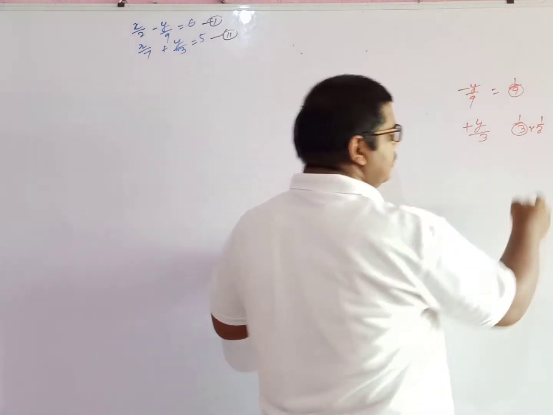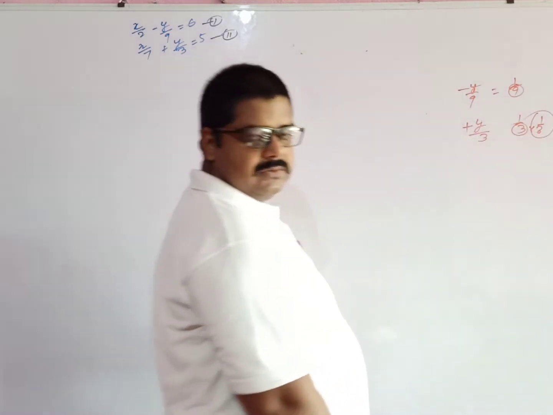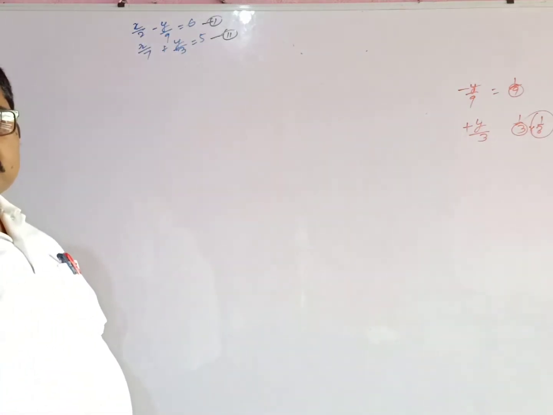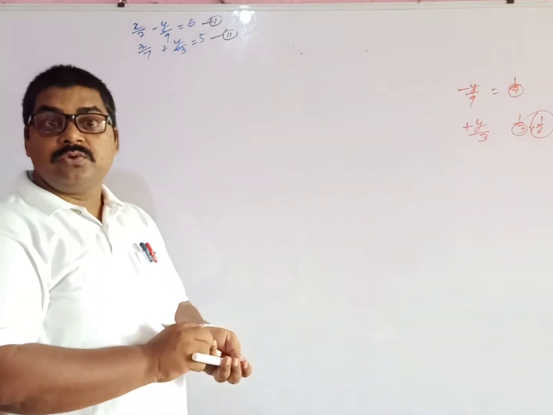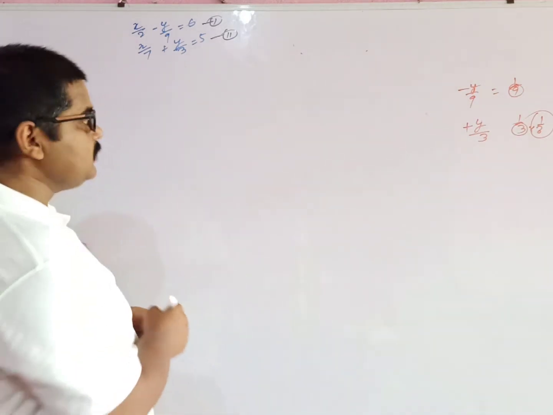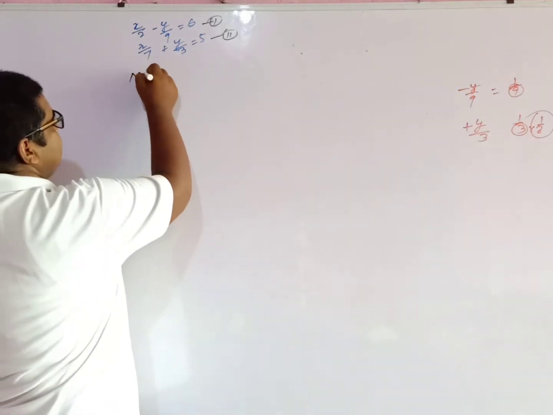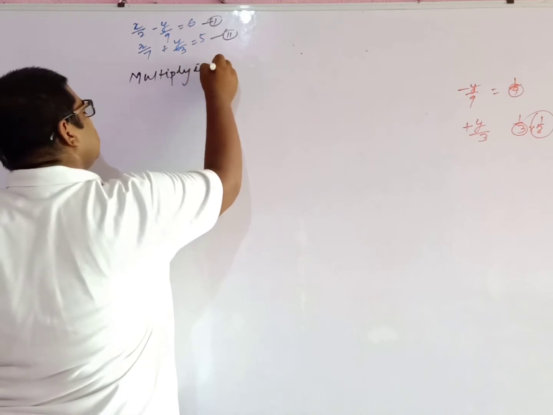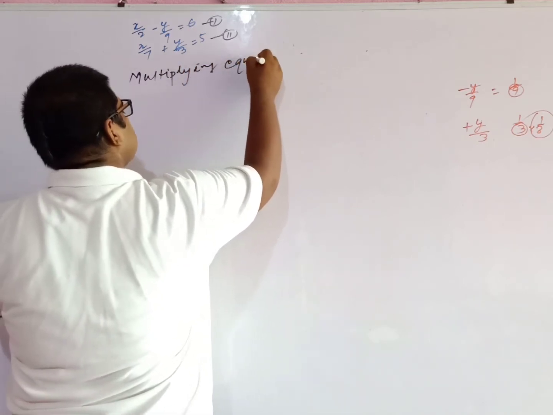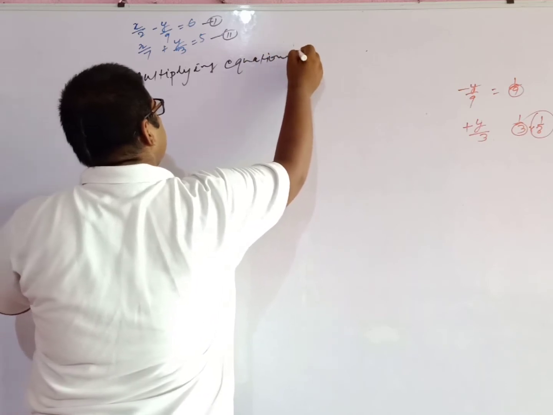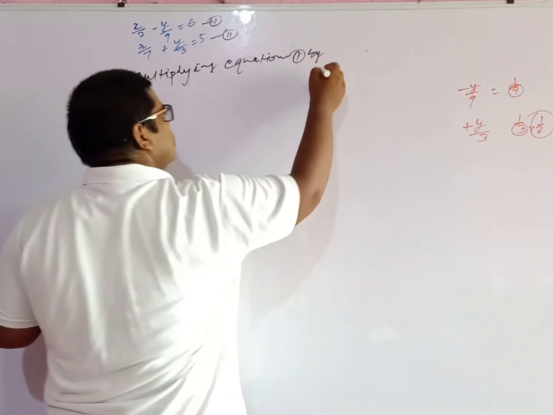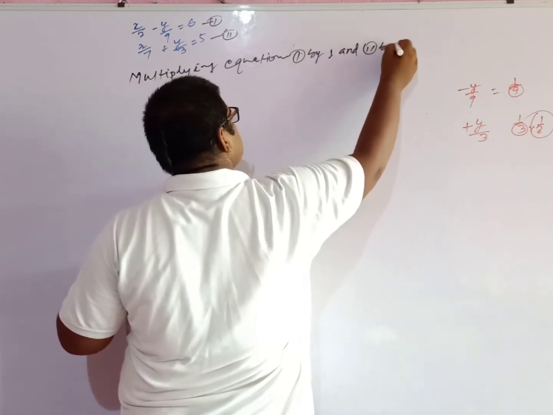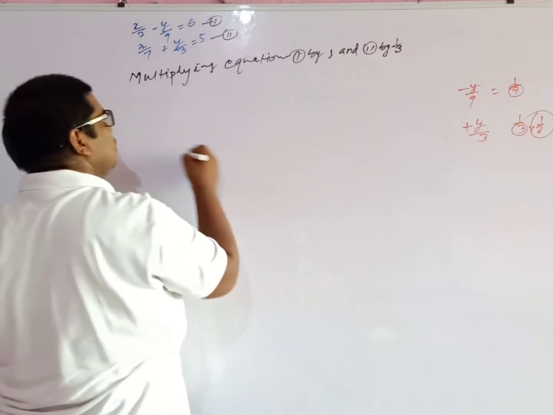So write down: multiplying the first equation by 1 and the second equation by 1/3.